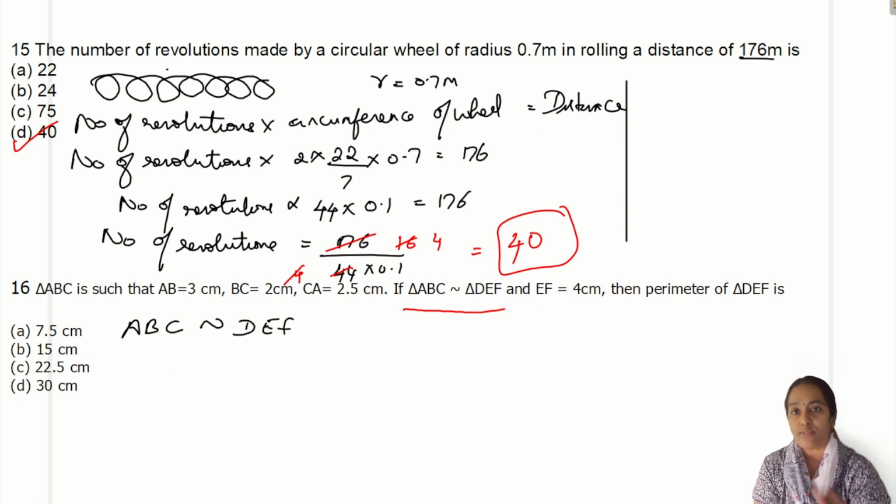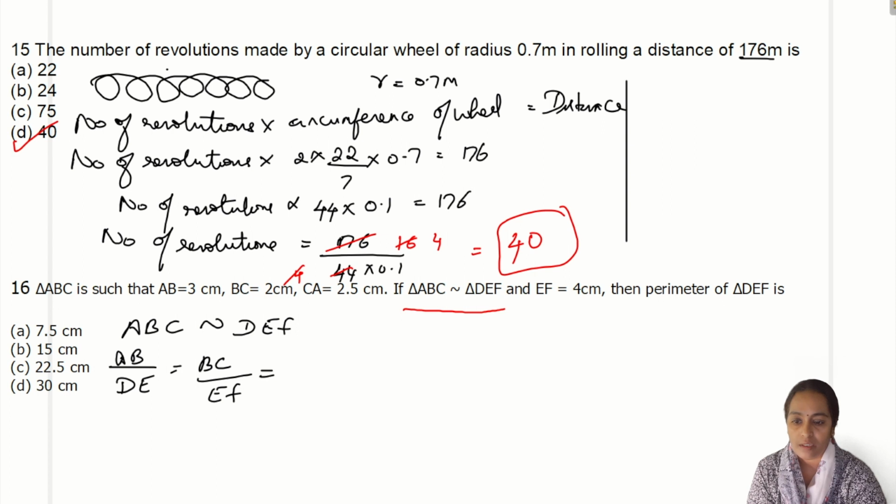When you have two similar triangles, we know that the corresponding sides are in a proportionate ratio. So we have AB divided by DE equals BC divided by EF equals AC divided by DF.